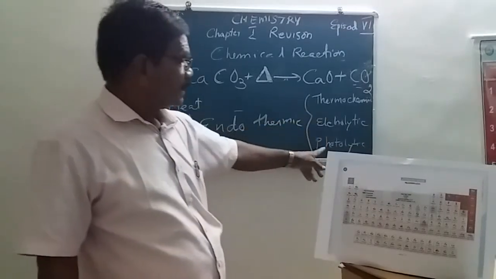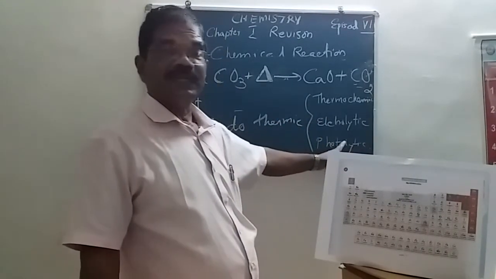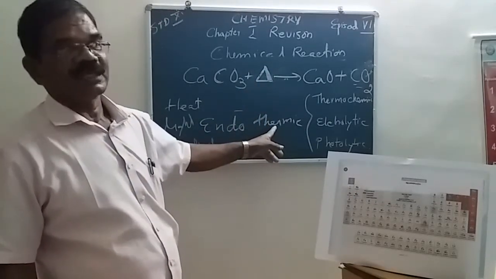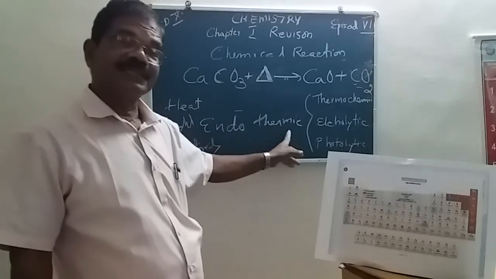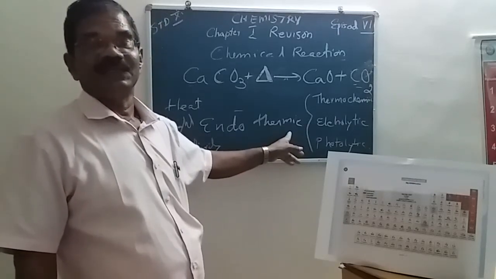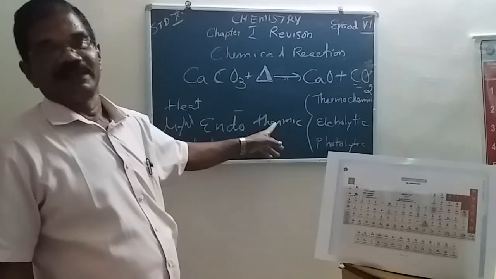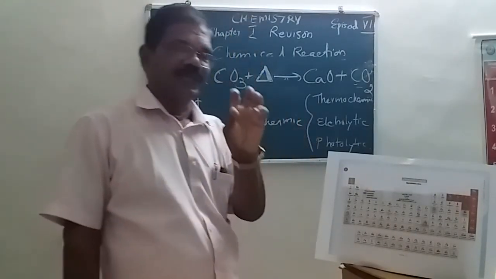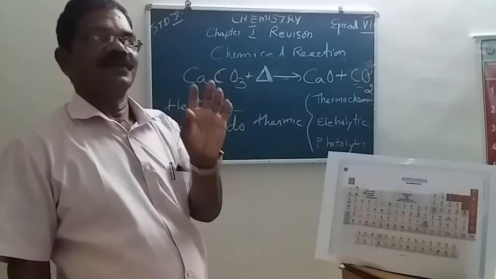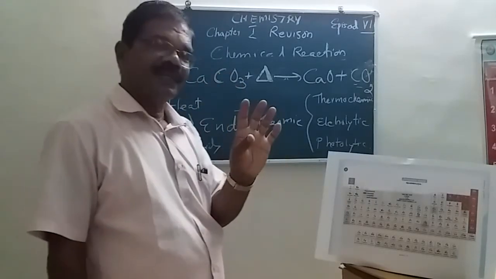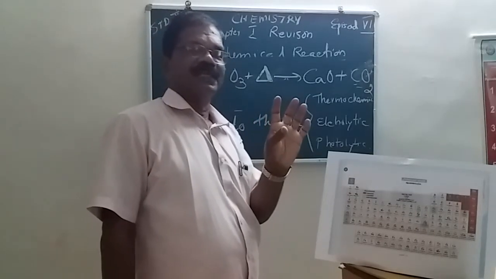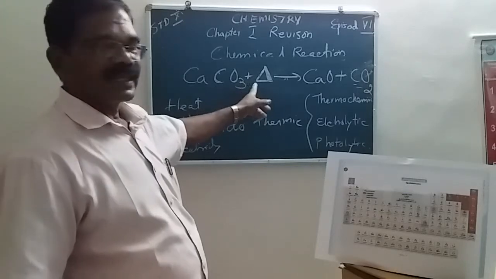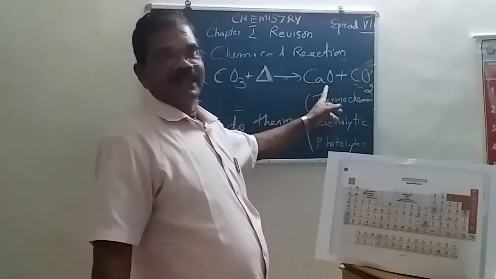If light energy is absorbed, it is known as a photolytic reaction. So endothermic reactions are those in which heat, light or electrical energy is absorbed. If heat is given for the reaction to take place, it is known as a thermochemical reaction. This is an example of thermochemical reactions.